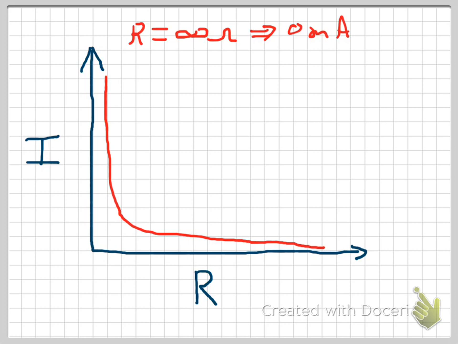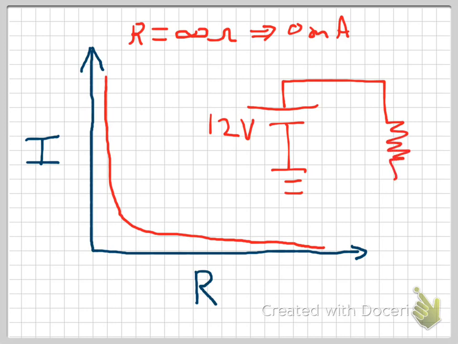We have this circuit with a battery, and this time it's going to be fixed at 12 volts, with a variable resistor R, and let's say this is 20 ohms. If we start at 0 ohms, the current would be infinity, which is what we're showing here.